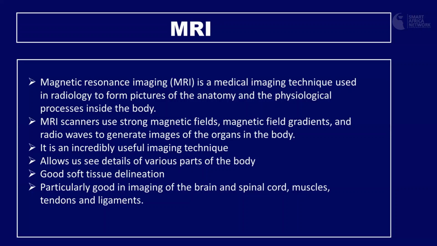It is an incredibly useful imaging technique and can image every part of the body. It has a very beautiful soft tissue delineation, and it's excellent for the brain and spinal cord, as well as muscles, ligaments, and tendons.